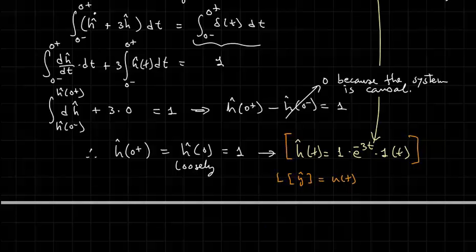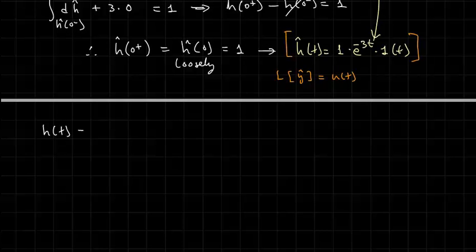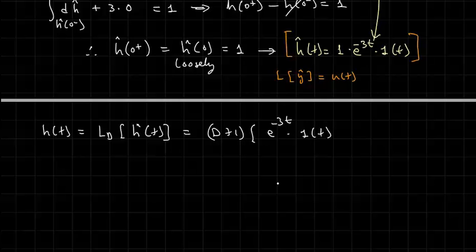What we really need is h of t, which recall is going to be LD operating on h hat of t. This is d plus 1, now operating on e to the minus 3t times the unit step. Okay, so what does that give us?